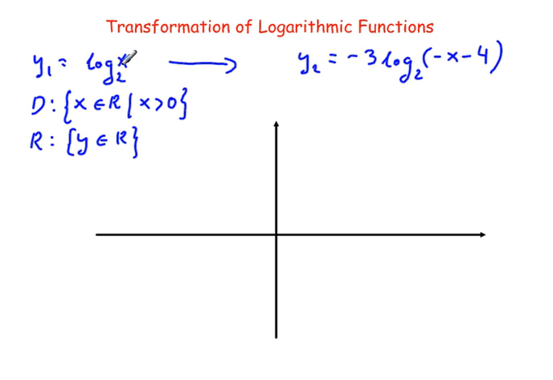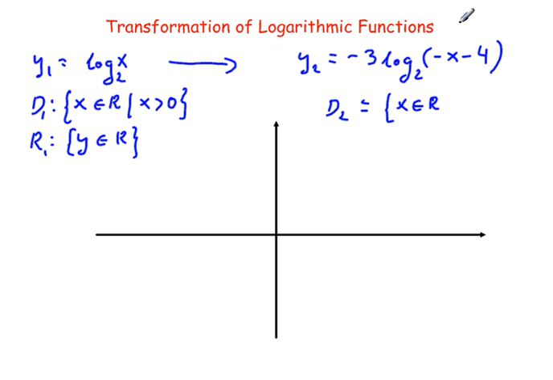Now, knowing that whatever goes inside of a logarithm has to be positive, we need to proceed with the domain of function number 2. We know that this is going to be a set of real numbers, and then we have to identify the restrictions. So -x minus 4 has to be greater than 0.